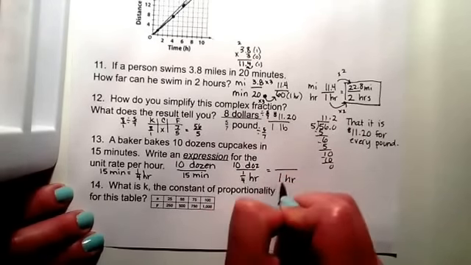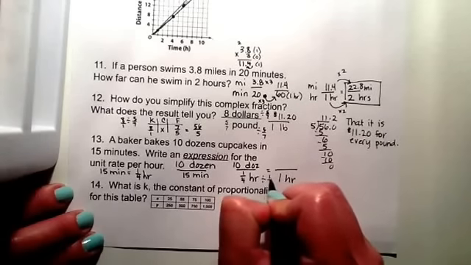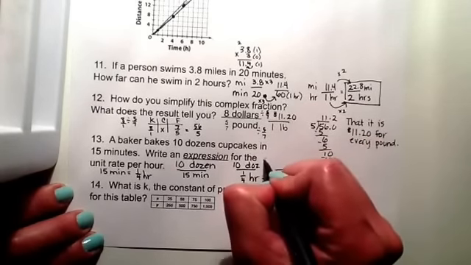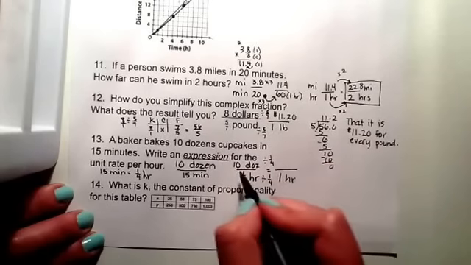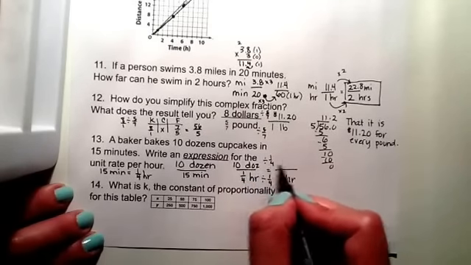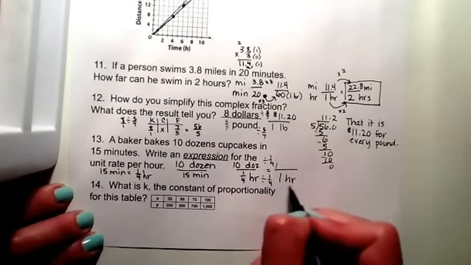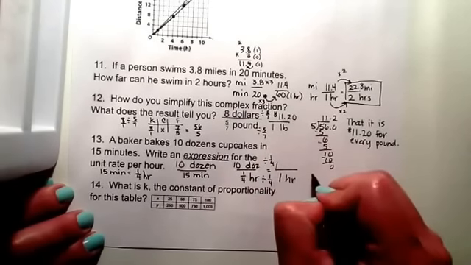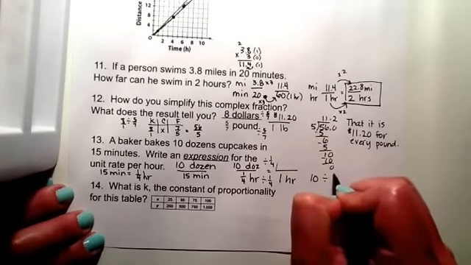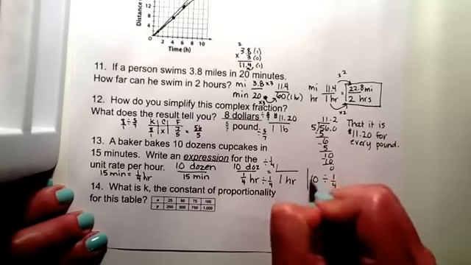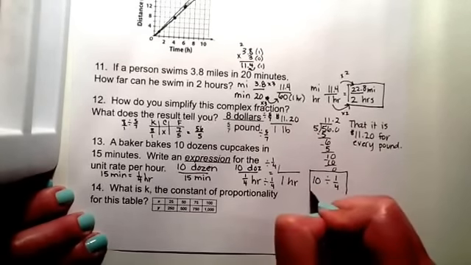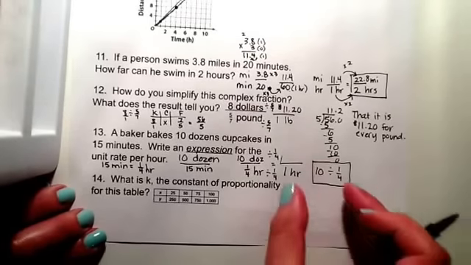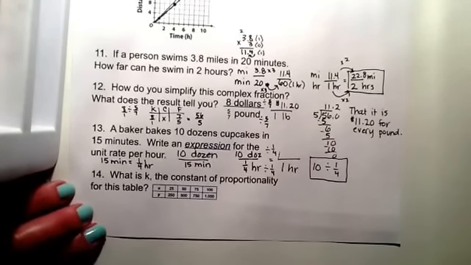Again, how do I go from 1/4 to 1? I'm going to have to divide by 1/4. Whatever I do to the bottom, I'm going to have to do to the top. So the expression that I would want to write, how I'm getting my unit rate, would be 10 divided by 1/4. That's the expression I would have to solve to find my unit rate per hour. So you don't have to solve it. You just have to write the problem you would use to solve it.